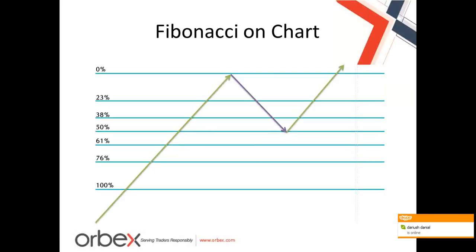And these key levels coincide a lot of times with key support and resistance levels that we talked about before, they also fall onto one of the Fibonacci retracement levels. And the most powerful Fibonacci retracement levels in terms of reversal signal are the 50% and the 61% levels.